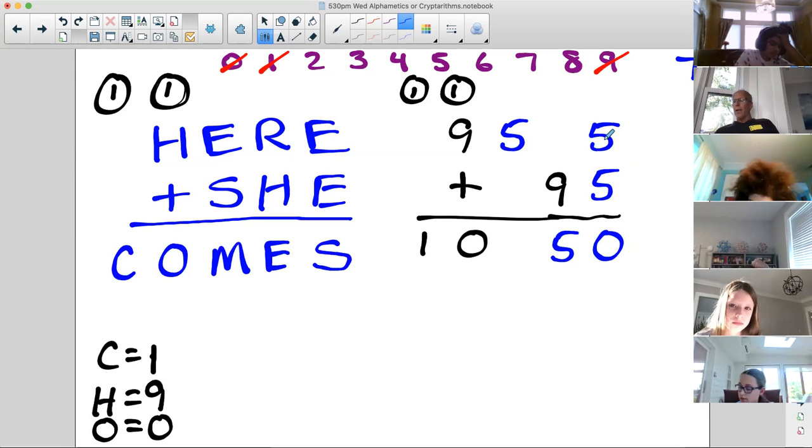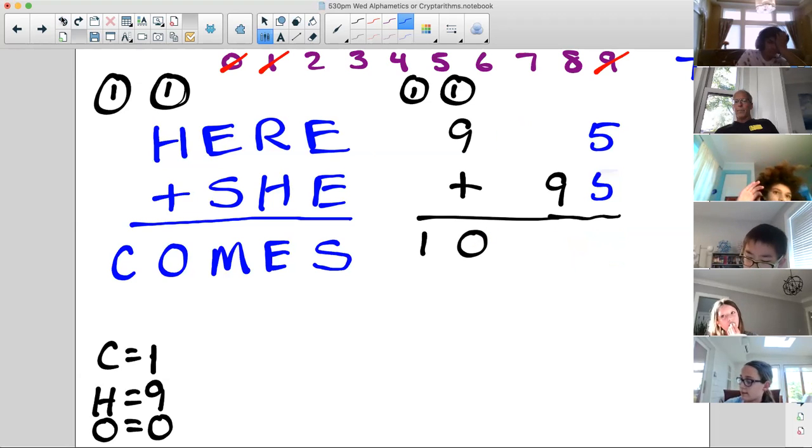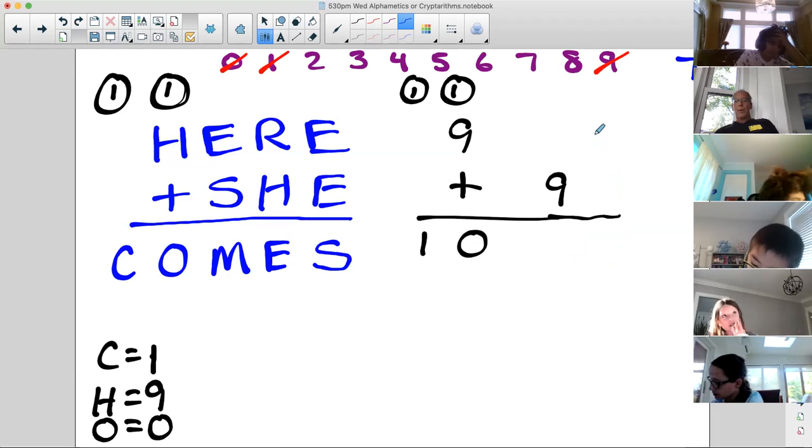Well, I just found out that E can't be 5, because if E is 5, then S would have to be 0, which is already occupied by O. I don't think E can be 2.